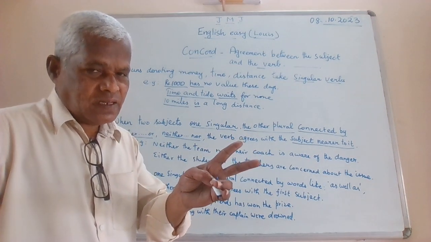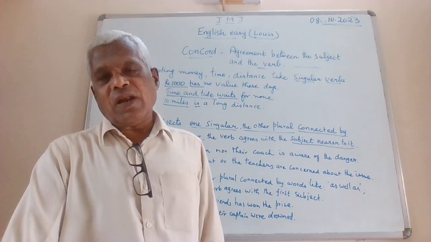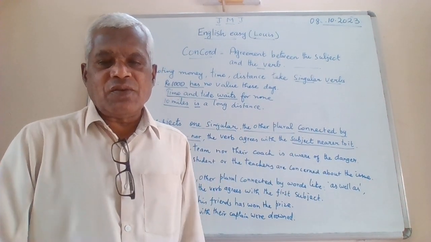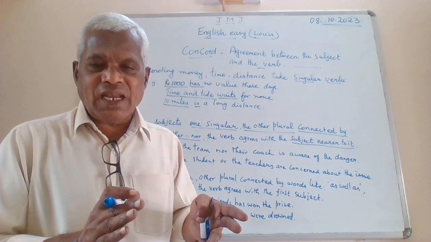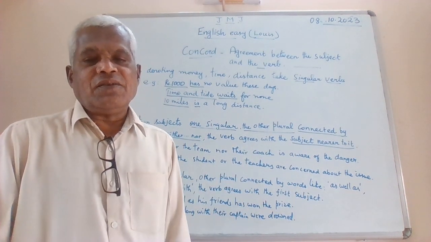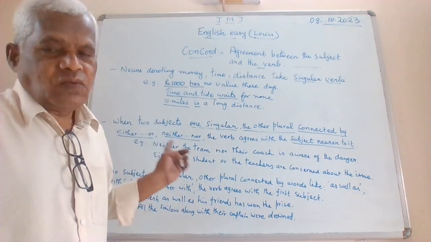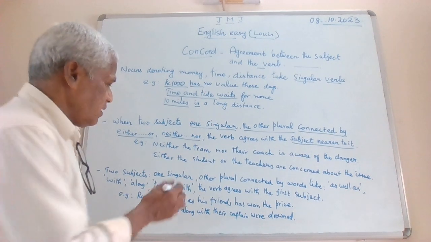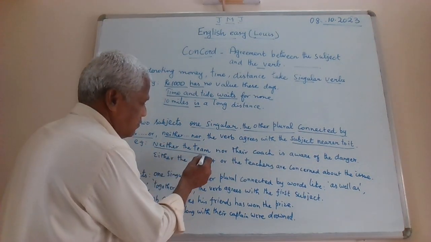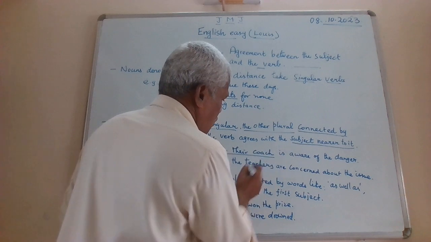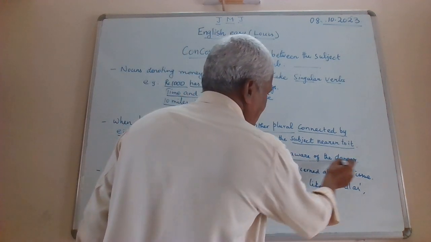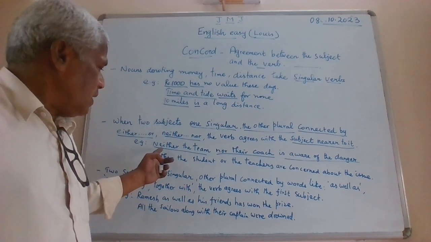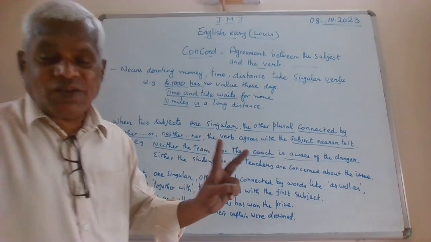You may have two subjects. One could be singular, another could be plural. But where does the verb have its connection? Only with the subject that is nearer. Now that will become very clear when I take you to the example written here. See, neither the team nor their coach is aware of the danger. They are combined by neither nor. But what are the two subjects you have here?